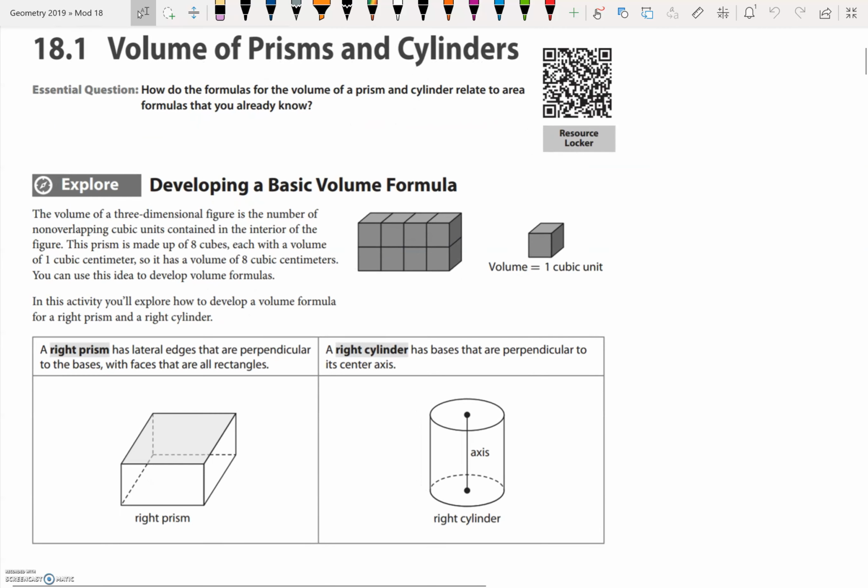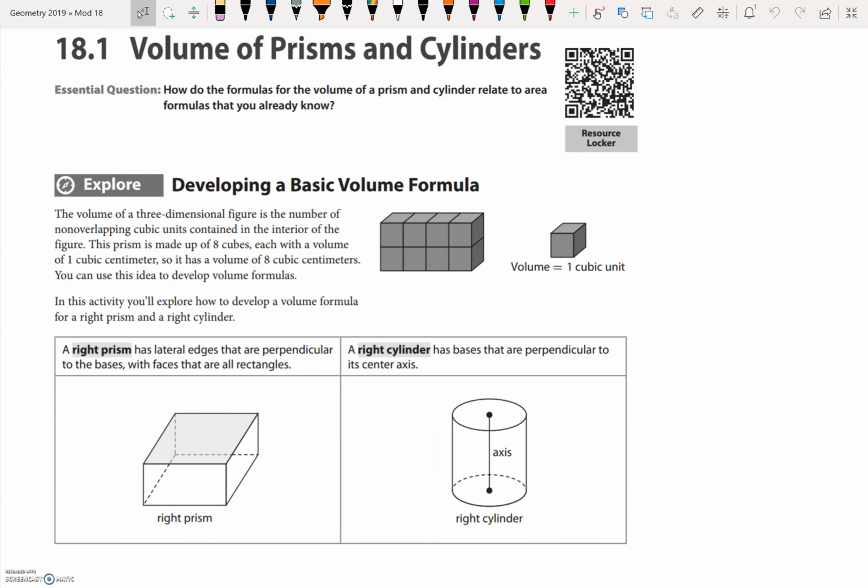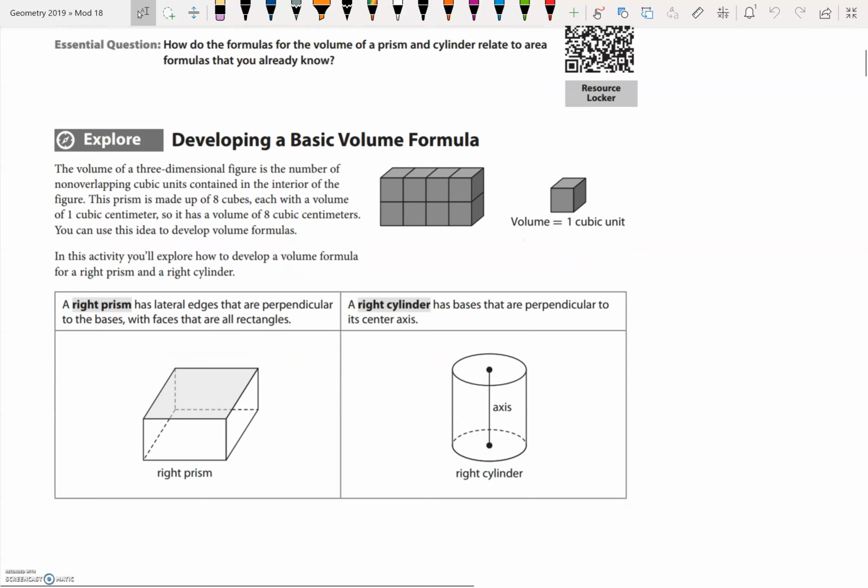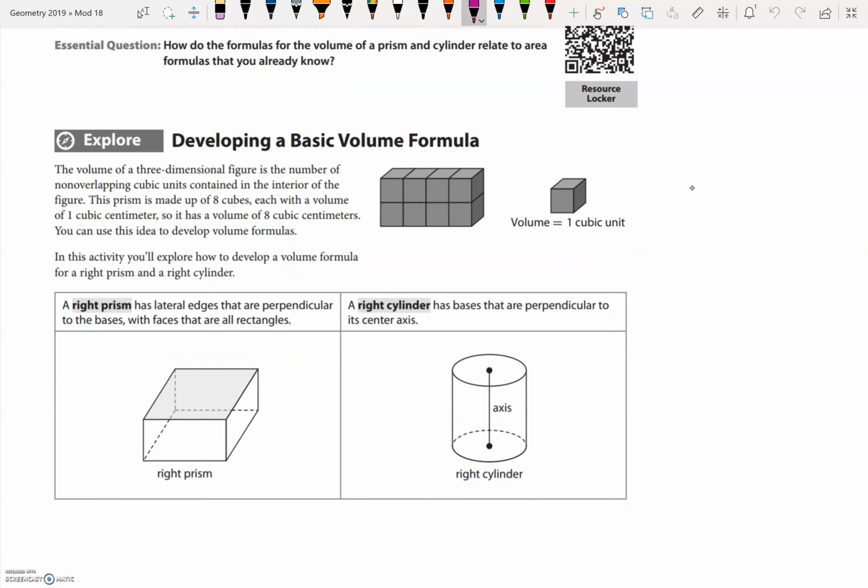So the basic volume formula is, if we know the area of something and it has two dimensions, the third dimension is just multiplying our area by the third dimension. A right prism is a rectangular prism. This is the length, this is the width, and this is the height.